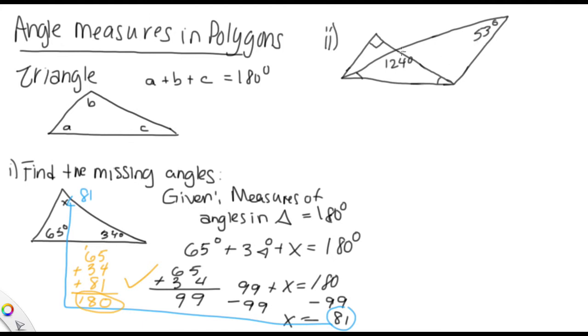So now we want to look for the missing angles. So first, since we know that these two angles are congruent, we know that the sides opposite them have to be congruent.